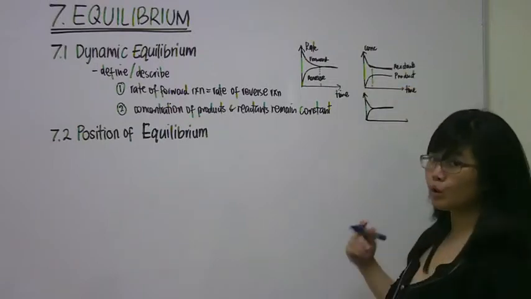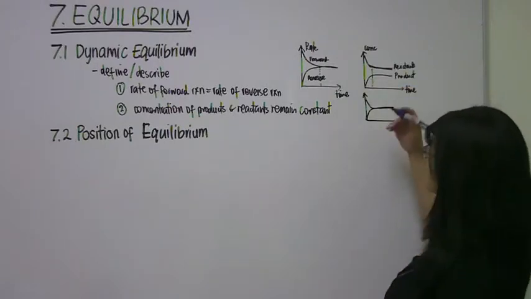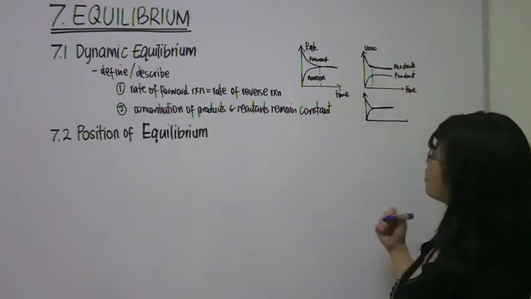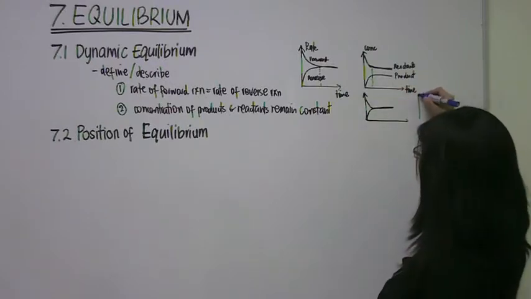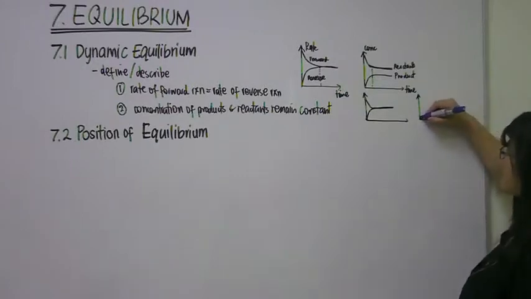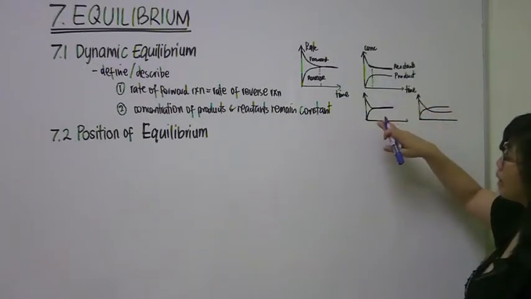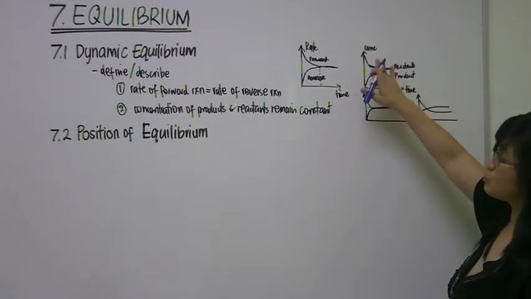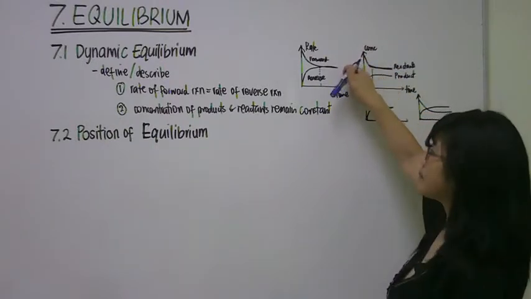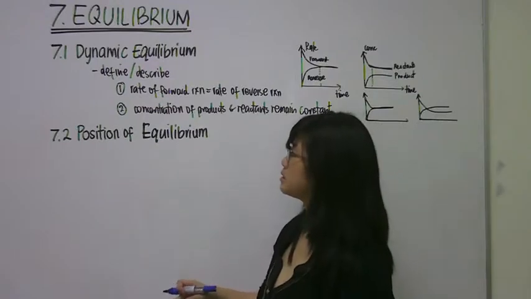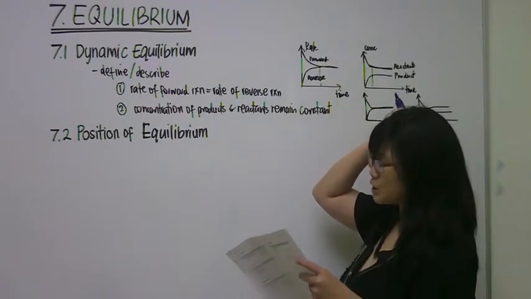The concentration at equilibrium can be the same, but most importantly, once equilibrium is attained, the line becomes horizontal, okay? It can also become like, okay, three are possible for the concentration, but for the rate, they must be the same when equilibrium is attained, okay?